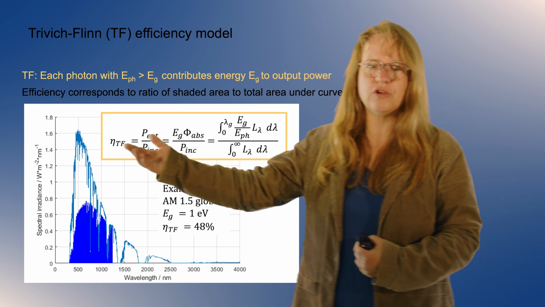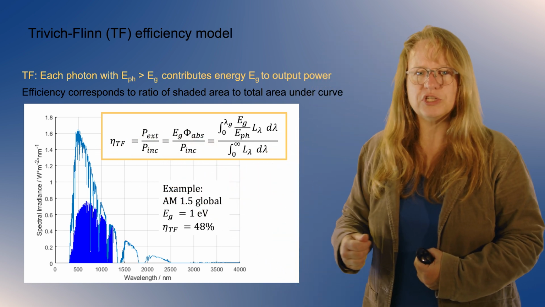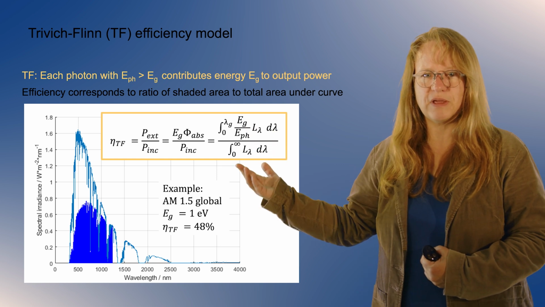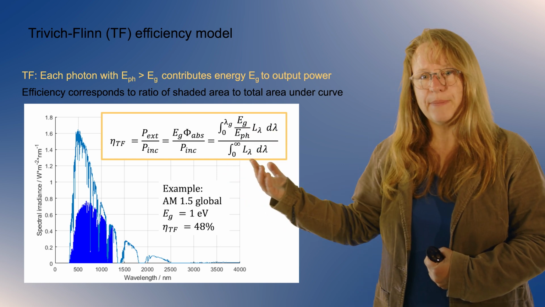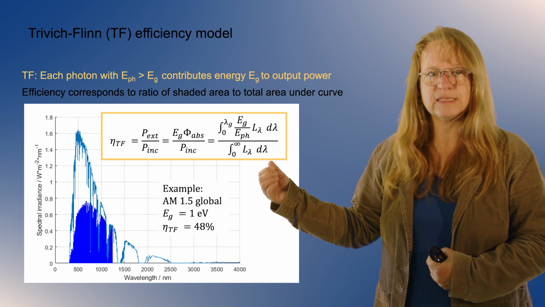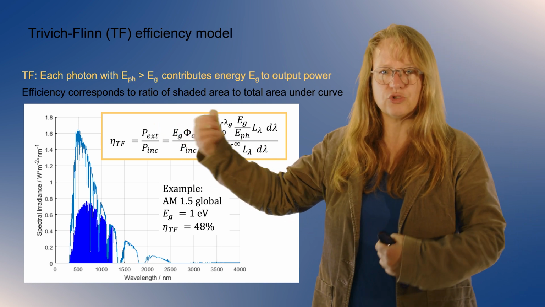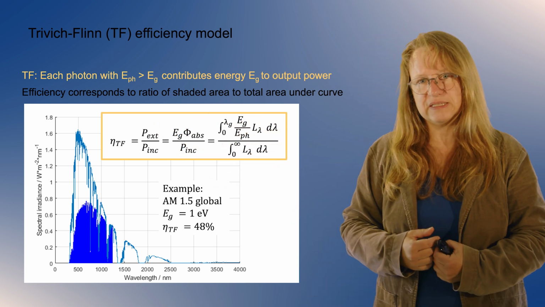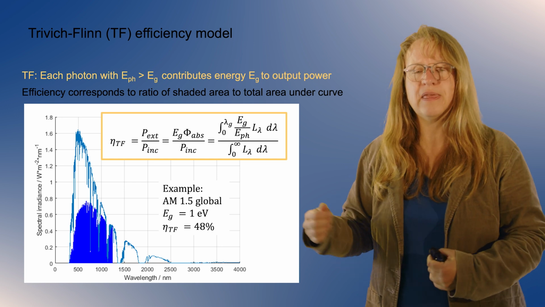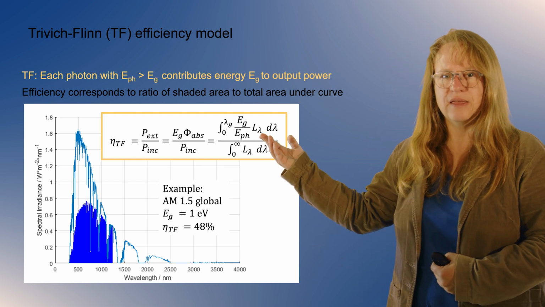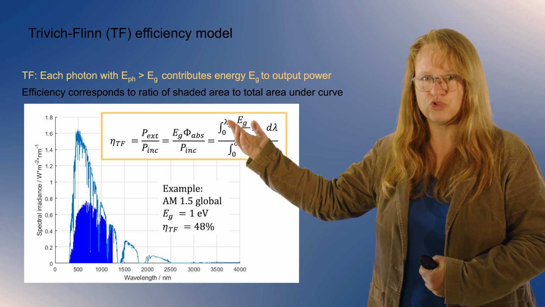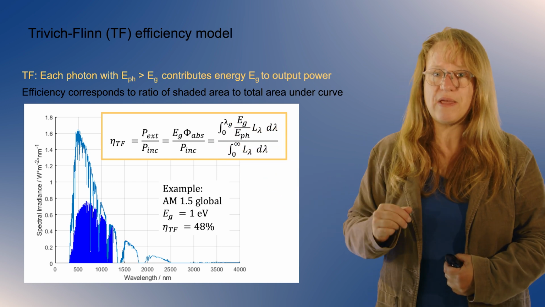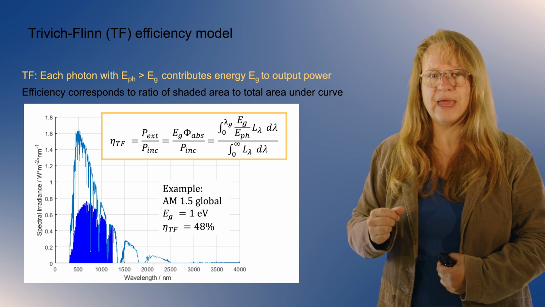And this Trivich and Flinn efficiency we describe in the terms given here. So we have the incident power, given by summing up the spectral irradiance, and the extracted or external electric power that is available is at maximum then given by the sum of the spectral irradiance up to the band gap wavelength, the wavelength corresponding to the band gap.